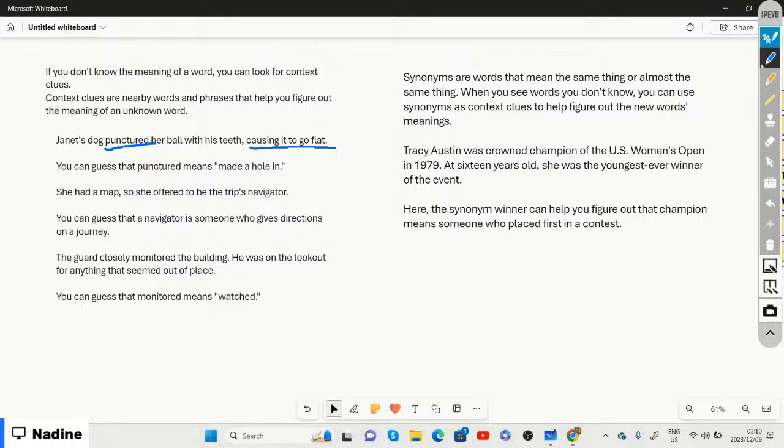So when it comes to that sentence, you can guess that monitored means watched.